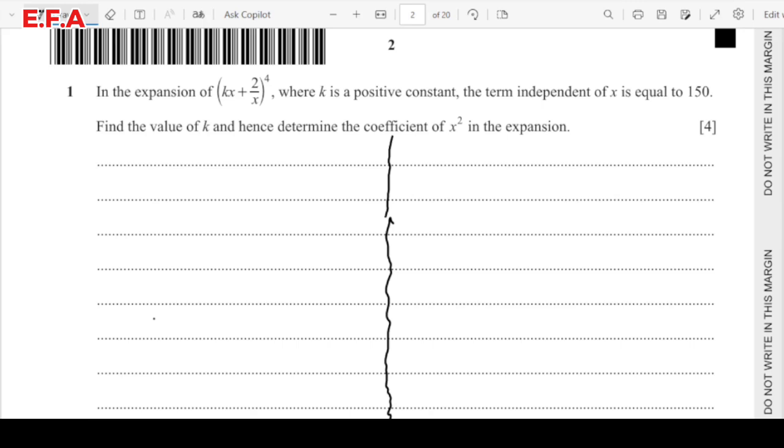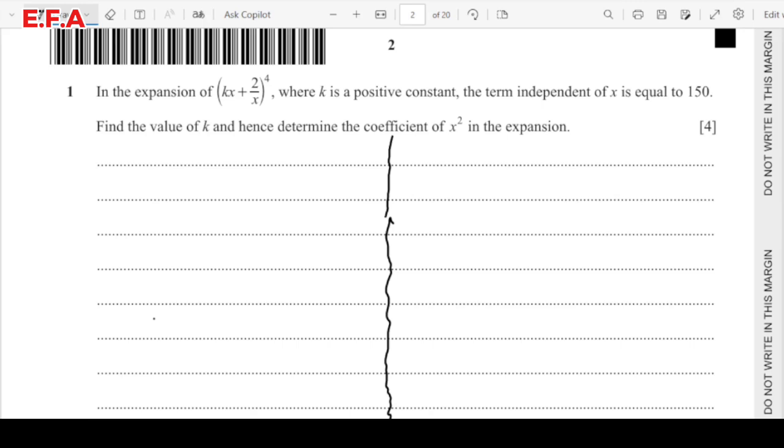To do that, we look at a situation whereby x in the expansion has the same power. Since the expansion is to the power 4, this must be where both terms are raised to the power of 2.